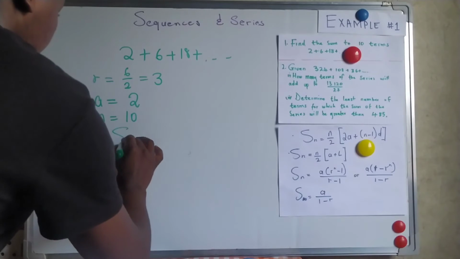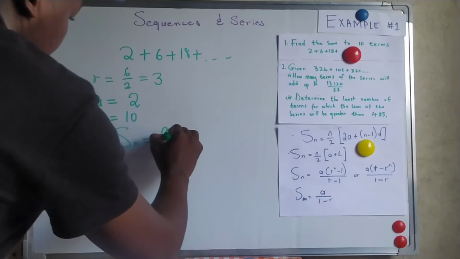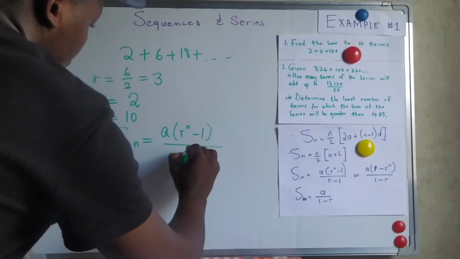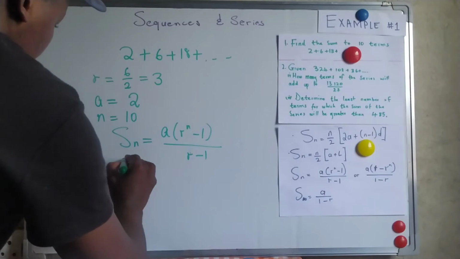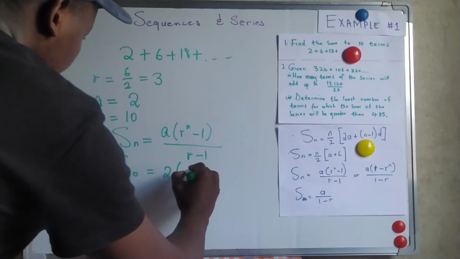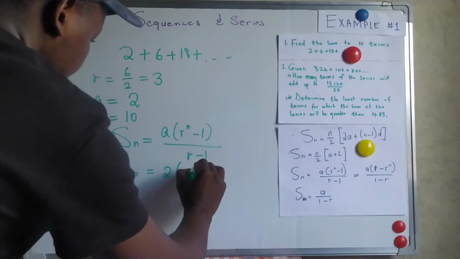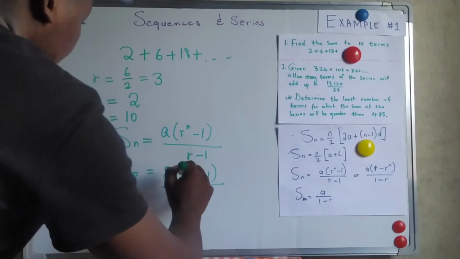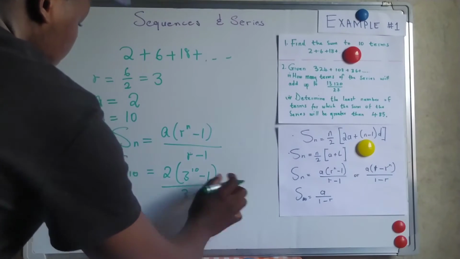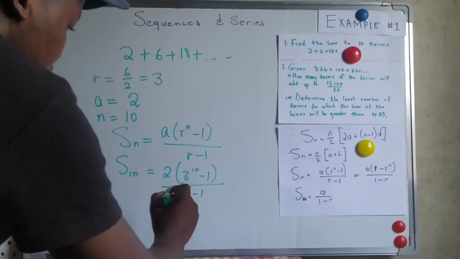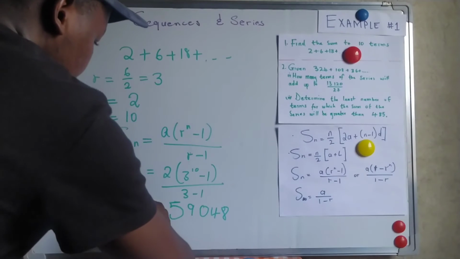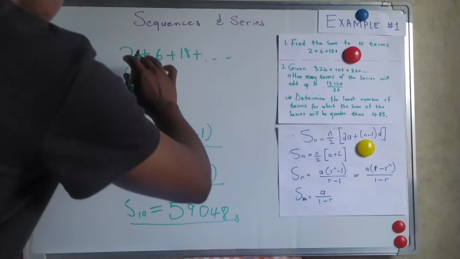Okay, we can now start and say our formula is a into r^n minus 1 all over r minus 1. So S10 will give you a is 2, r is 3 to the exponent 10 minus 1, over r minus 1, which is 3 minus 1. And then you can just use your calculator. You'll find your answer to be 59,048. So this is the sum to 10 terms of this series.